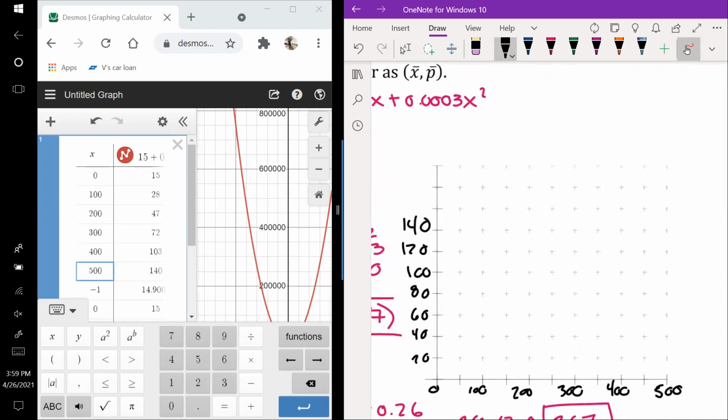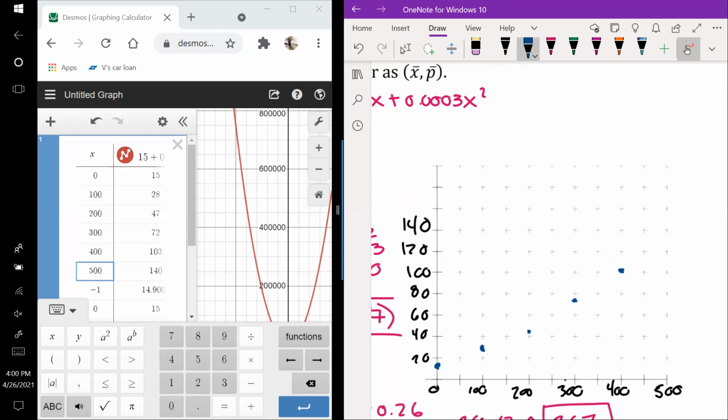Okay, we are ready to graph. And producer surplus. 0 and 15, I'll put around there. 128, I'll put around here. 247, just a little above 40. 300, 267, oh, we'll draw that in later. 372, I'll put around here. 400 and 103, just put that right on 100, sure.